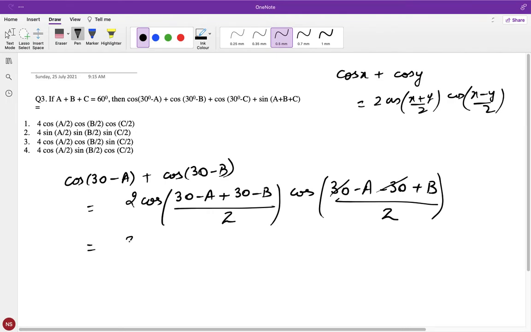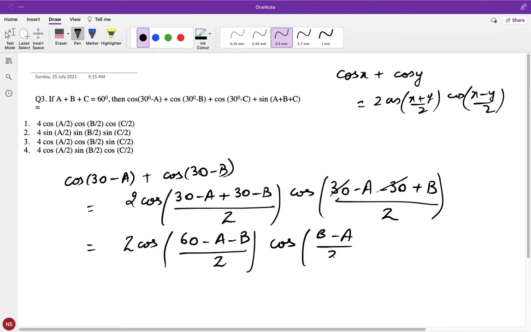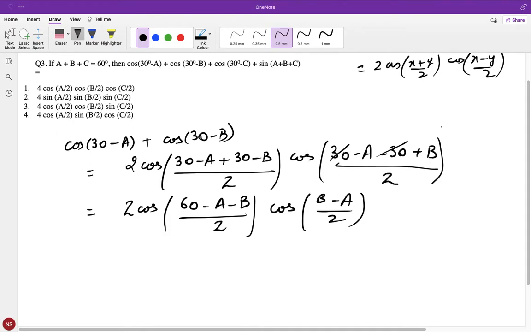So 2 cos of 60 minus a minus b by 2 into cos of a minus b by 2, or b minus a by 2, one and the same thing. As I just said, cos of minus x equals cos of x.